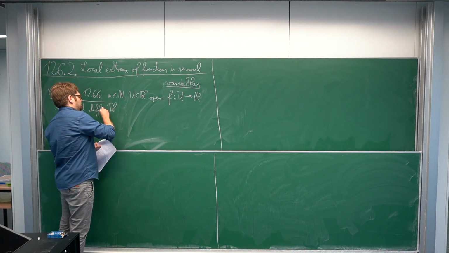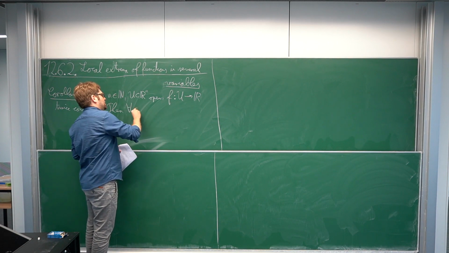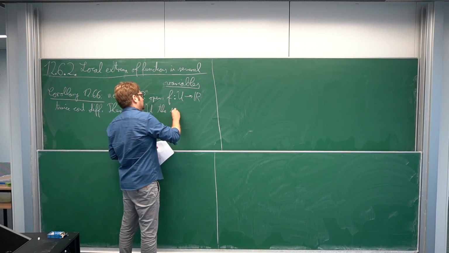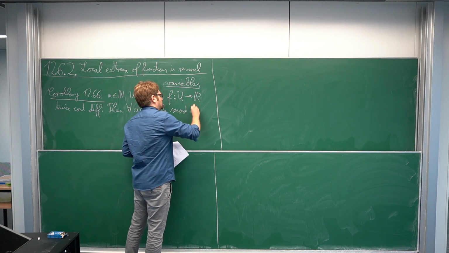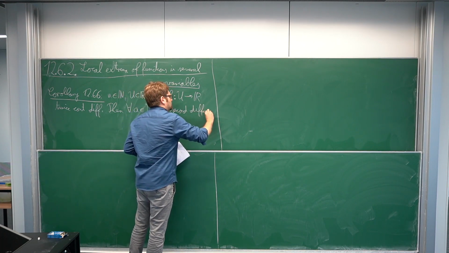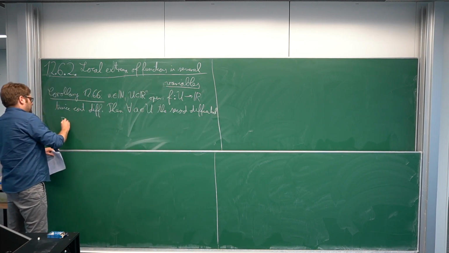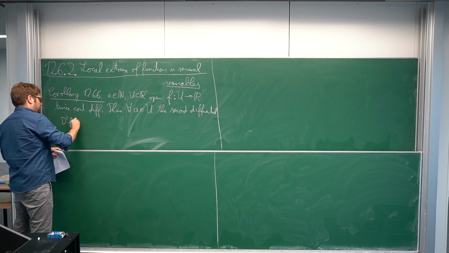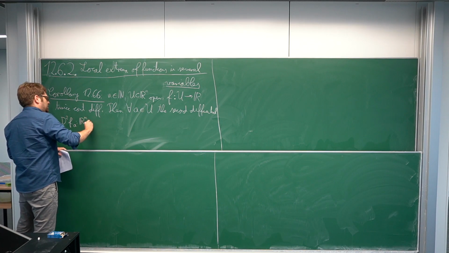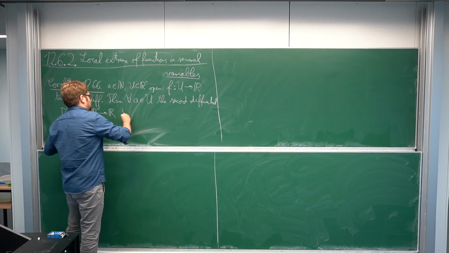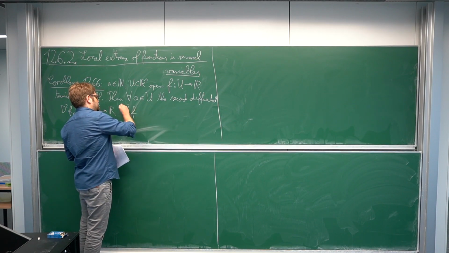Then for each A in U, the second differential, and just to recall, this is now mapped D²f in the point A from R^n times R^n to R. Let me just write this down once explicitly again.